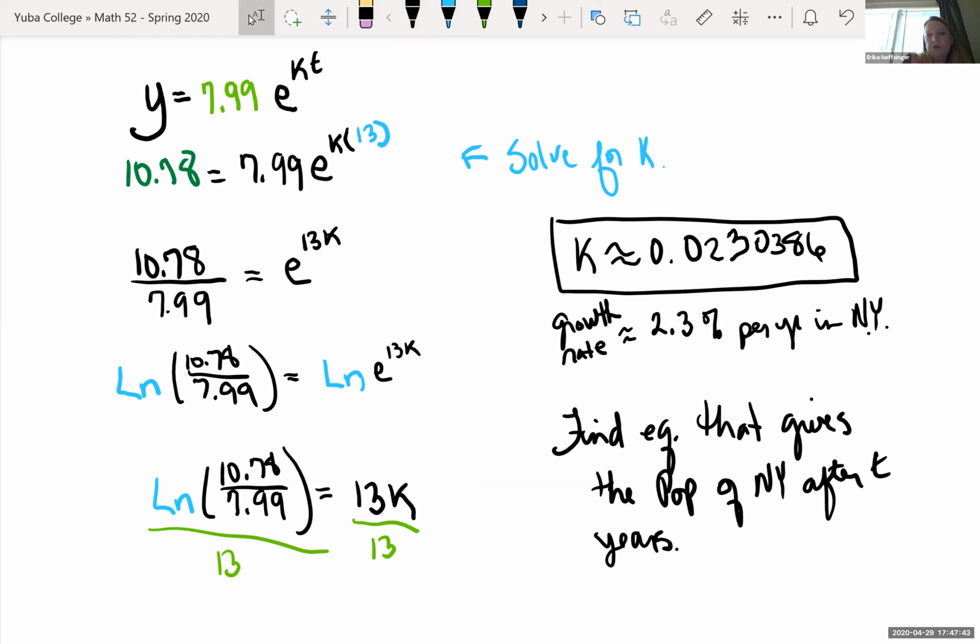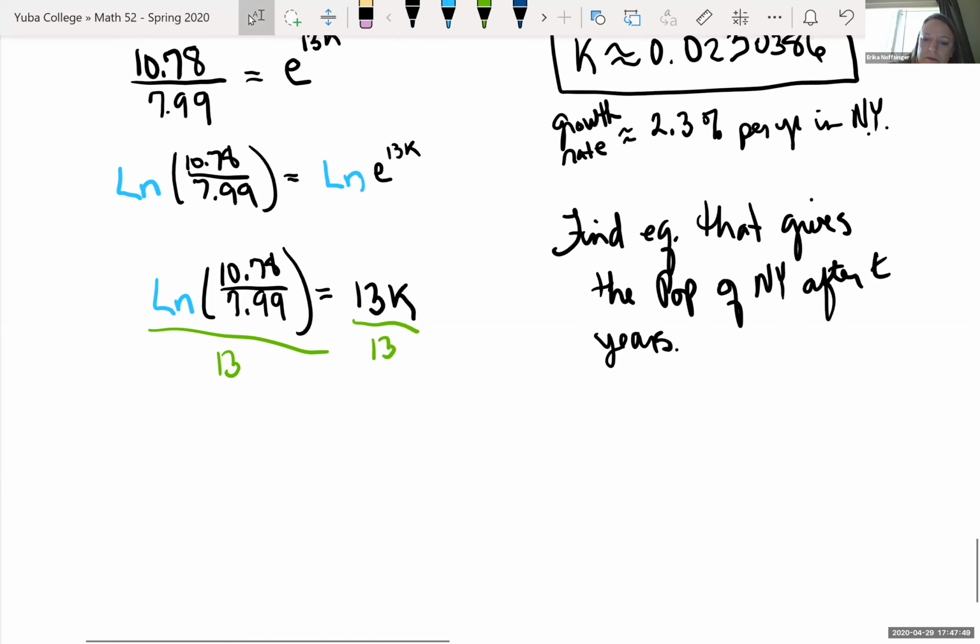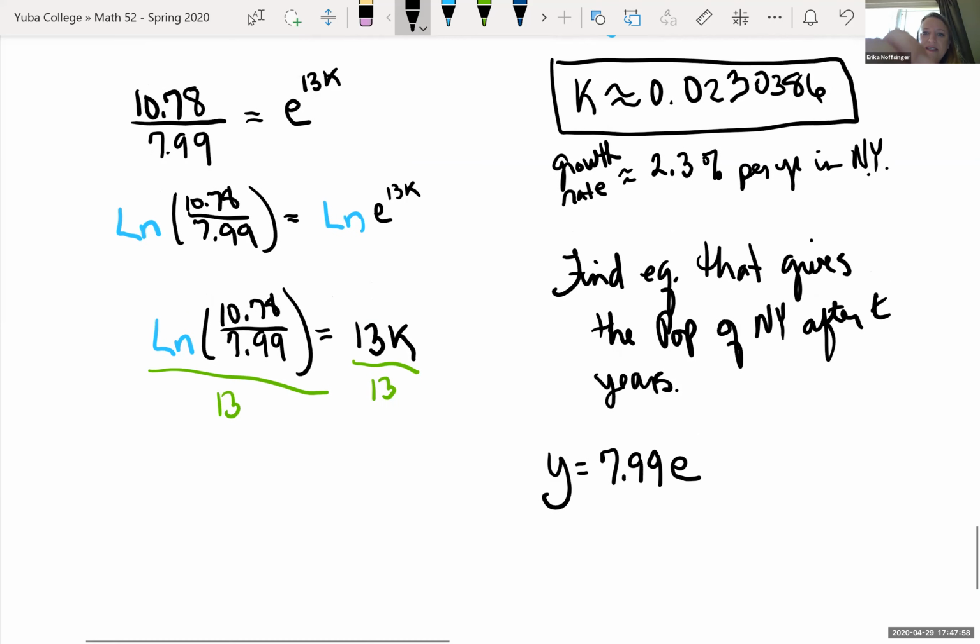We have y equals the initial amount, so y equals our 7.99 e raised to the k. Okay, so we have to put this in the decimal form though. So 0.0230386. Again, on these, I don't tend to round just because it kind of affects it. So that all times t.